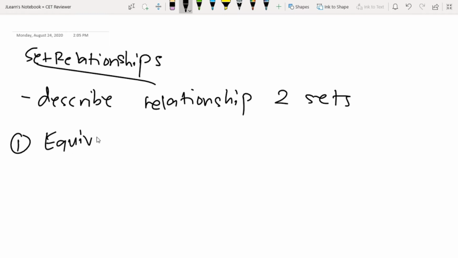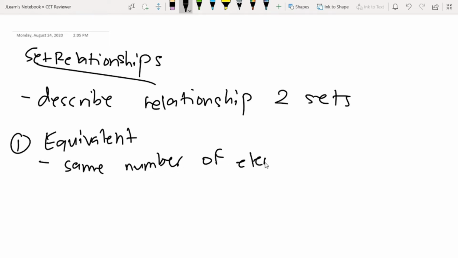We say that two sets are equivalent if the sets have the same number of elements. For example, we have sets A and B. The cardinality of A is equal to the cardinality of B. So that's it: equivalent, same number of elements.